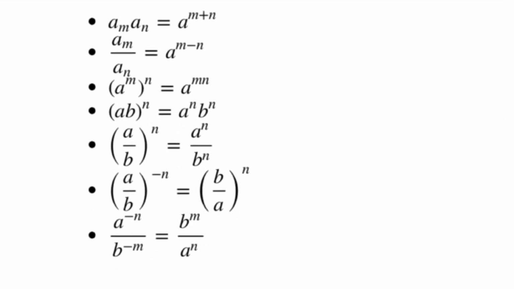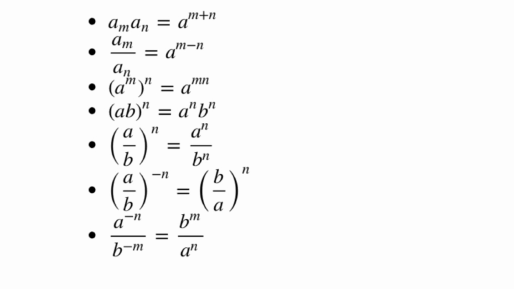So when I'm multiplying two exponents, I keep the base and then add the exponents, the superscript. When I'm dividing two exponents, I keep the base and I subtract the two exponents.